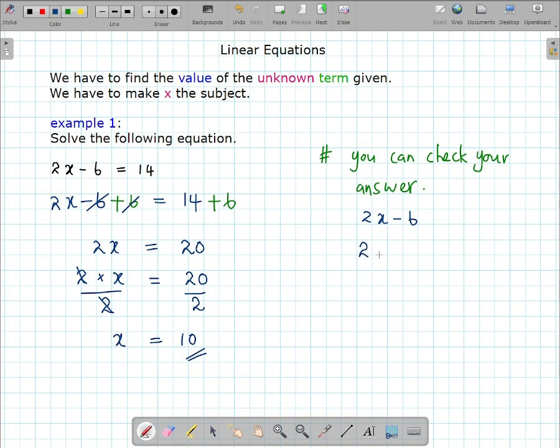So 2 times 10 minus 6. 2 times 10, 20 minus 6, that is 14. So left hand side answer is 14. Right hand side answer is also 14. So 14 equals 14. Left hand side equals right hand side. Then our answer is correct.